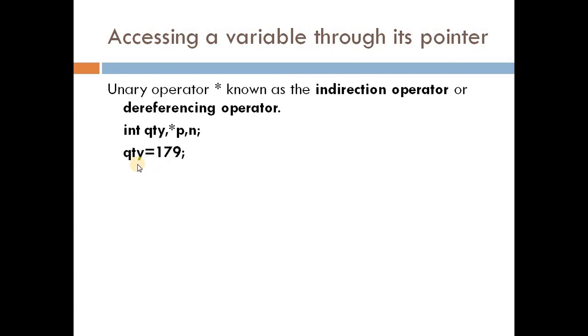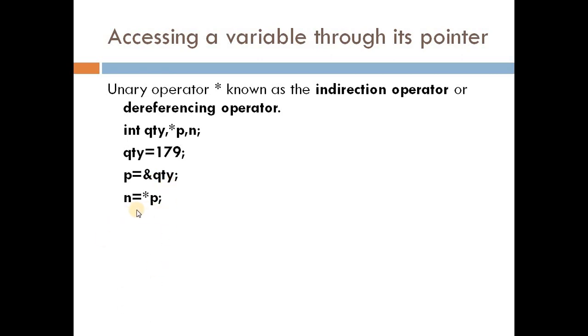So variable quantity will now store the value 179. Next, p is equal to the address of quantity. Suppose, for example, the address of the memory allocated to quantity is 5000, as in previous lectures. So p will store the value 5000. That is nothing but the memory address of quantity.